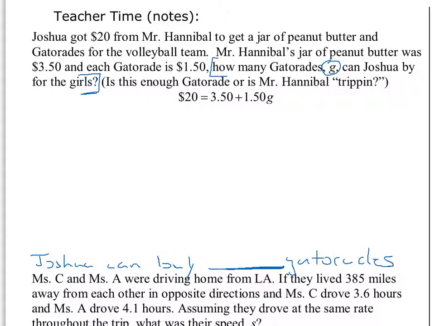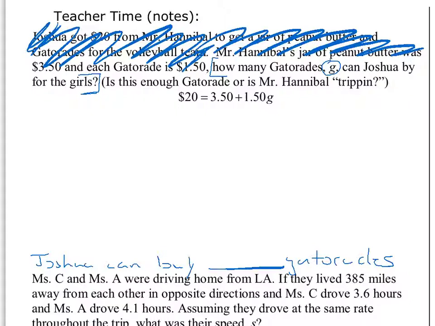Now, when I'm looking at this question, it says, how many Gatorades G can Joshua buy for the girls? If I just completely lose my mind here, and I ignore all of that, can I answer this question? Why not?